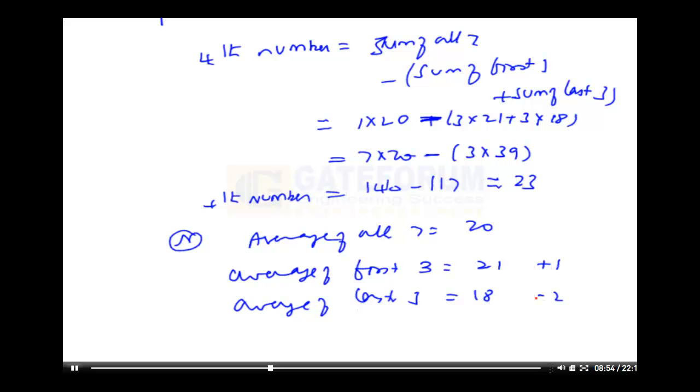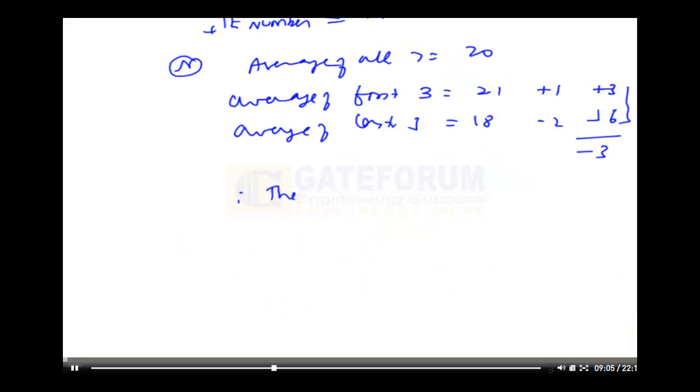So the total of the first 3 numbers is 3 more, and the last 3 numbers 2 less each, total 6 less. Together the 6 numbers are 3 less. Therefore, the fourth number will adjust in the opposite way. It will be 3 more than the average. So that's why we are getting 23.